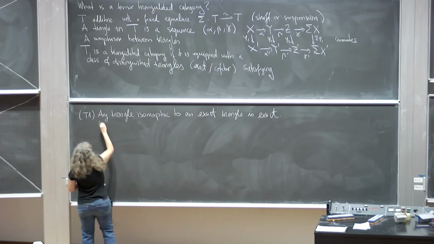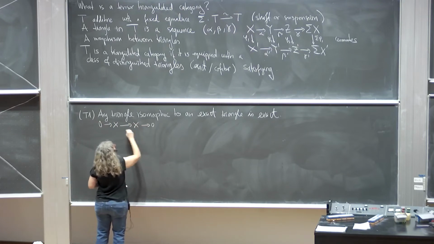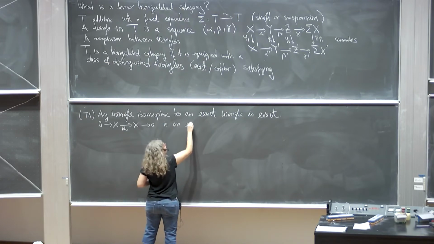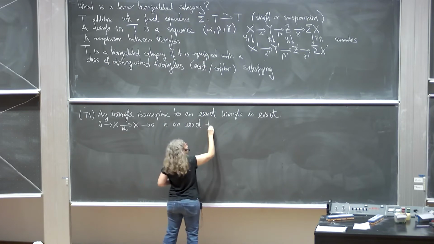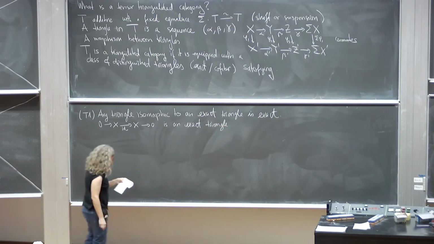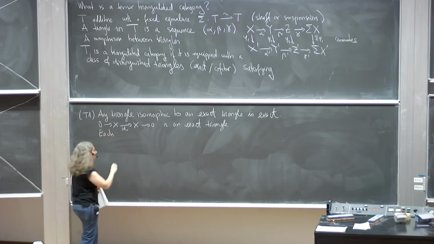The second one is that the trivial triangle is exact, and each morphism fits into an exact triangle.